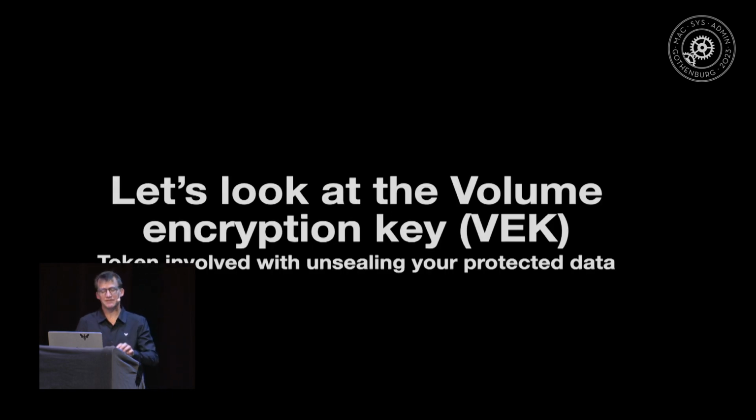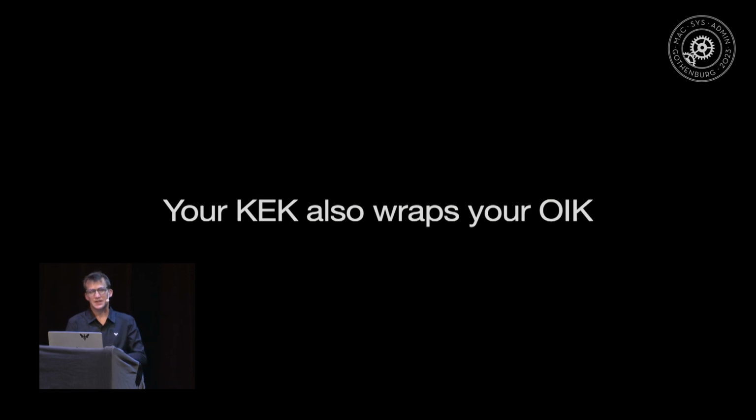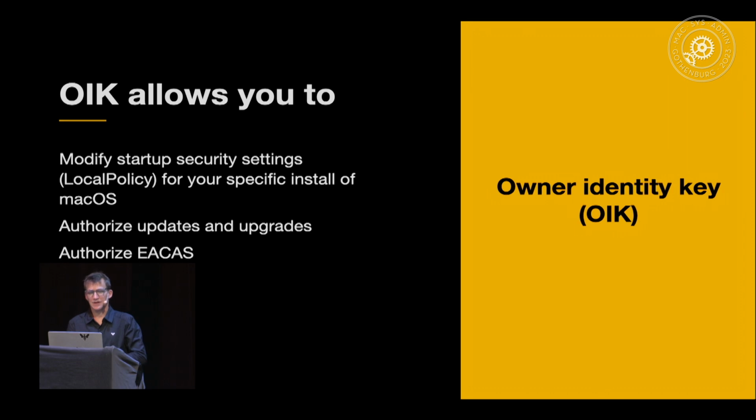So let's take a look at that volume encryption key, that KEK. It's a token involved with unsealing your protected data. Your KEK wraps the VEK, the volume encryption key. The KEK also wraps the OIK. The OIK, or the owner identity key, allows you to modify the startup security settings, also called local policy, for your specific install of macOS on a Mac with Apple Silicon.